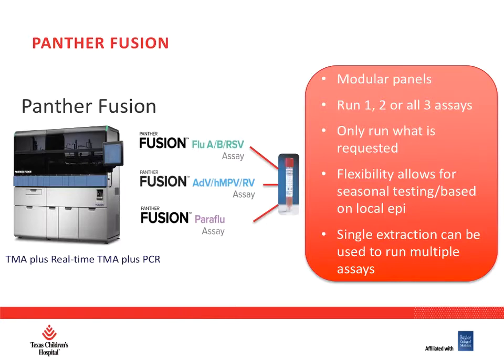And we can also reconfigure this based on the epidemiology of what's circulating in the community. And so it just takes one single extraction from the M4 tube to run multiple assays using the TMA and real-time TMA plus PCR.